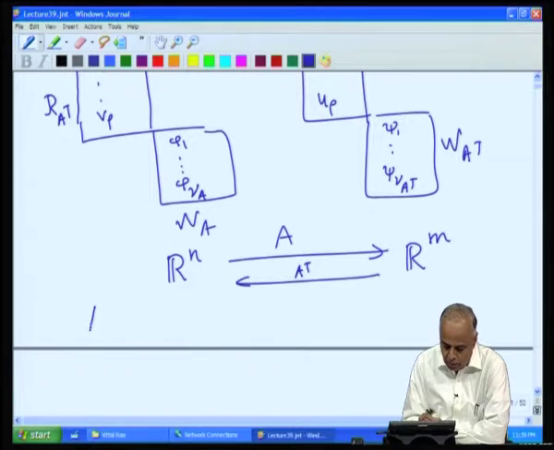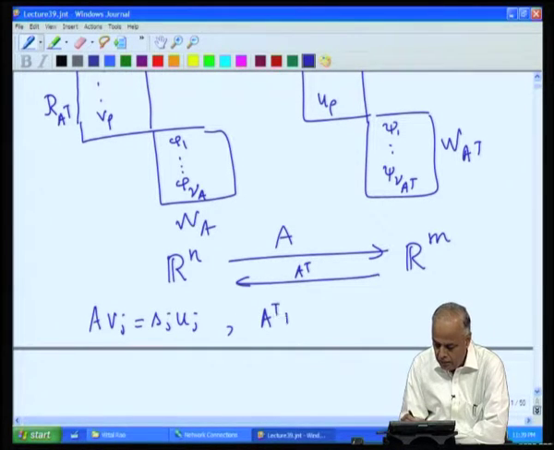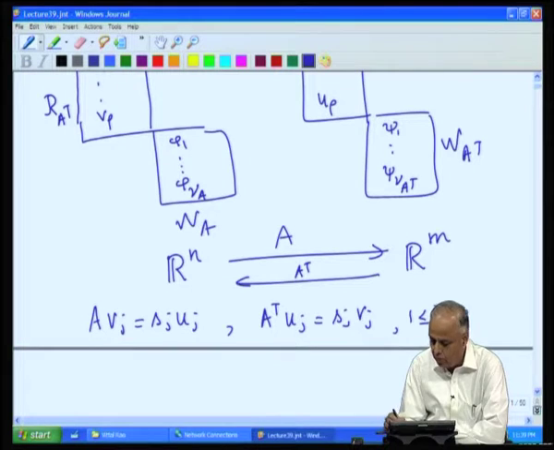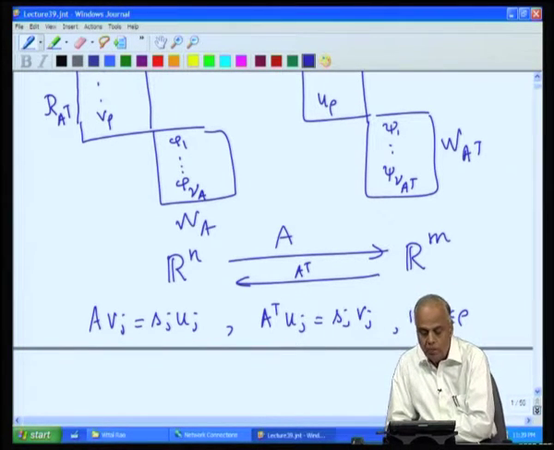The crucial relationships were that A v_j was s_j u_j and A transpose u_j was s_j v_j for 1 less than or equal to j less than or equal to rho. This was our fundamental choice of the orthonormal basis.